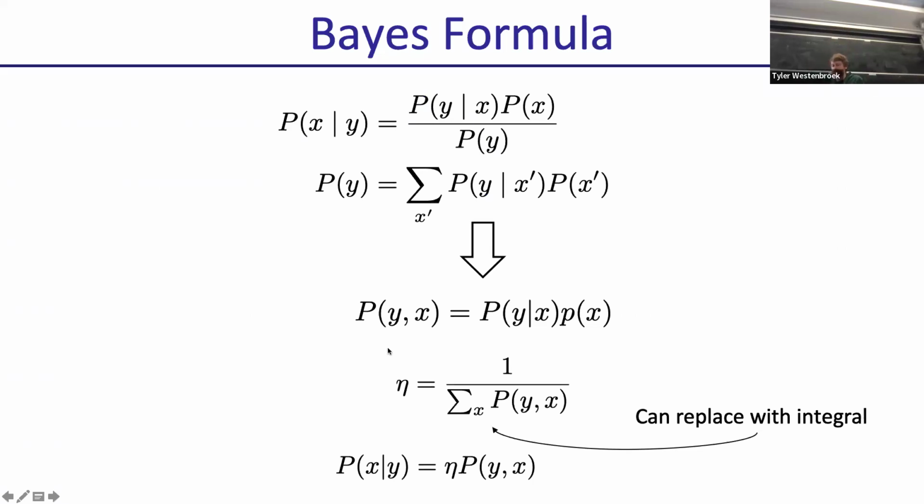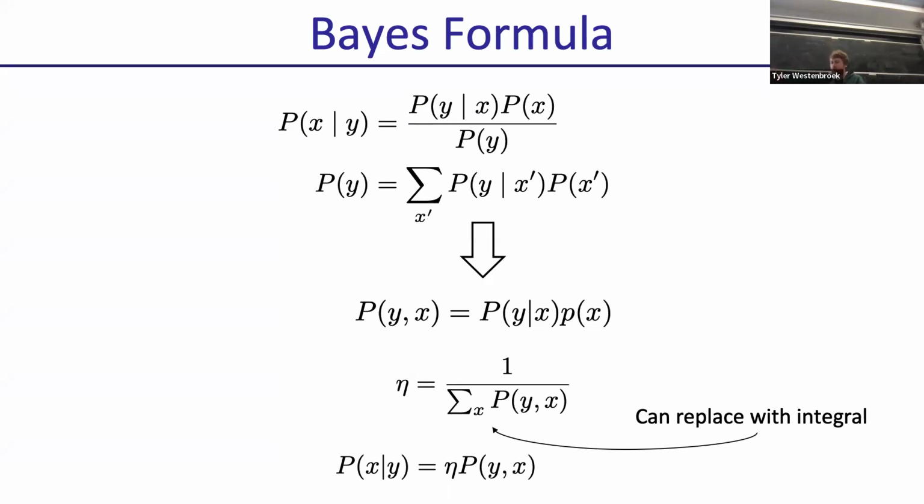So this is mostly just a little bit of notation. Again, we can write down these probabilities in different ways. Oftentimes, the P(y) term on the denominator here, there are different ways we can calculate this by summing over the x variable.